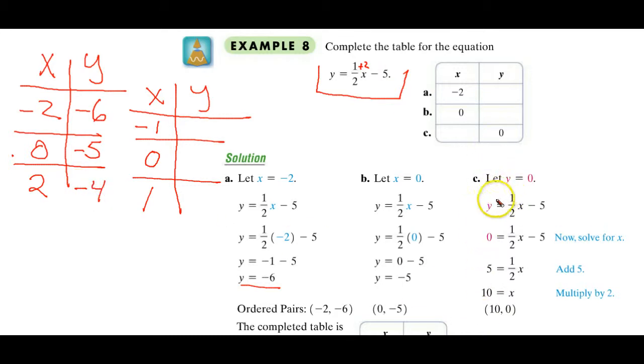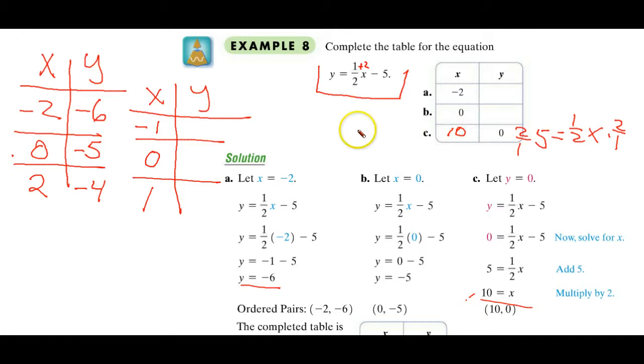Now, they didn't ask it that way here. They said, what if y is 0? Well, if y is 0, you have to bring the 5 over to the other side, and you get 1/2 x. And then you just multiply by the reciprocal of 1/2, which is 2 over 1, and you get 10 for this one here.